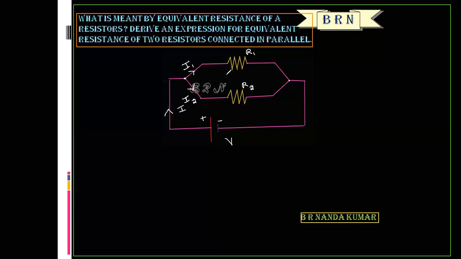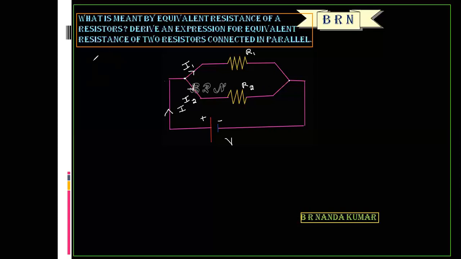But in parallel combination of resistors, the current is divided into two parts. This is the current divider circuit. So here current flowing through each resistor is different. The potential difference across each resistor is the same.